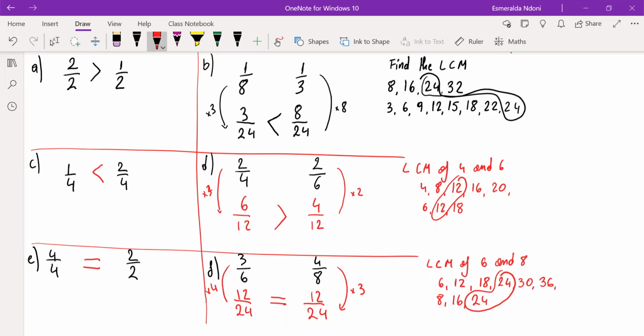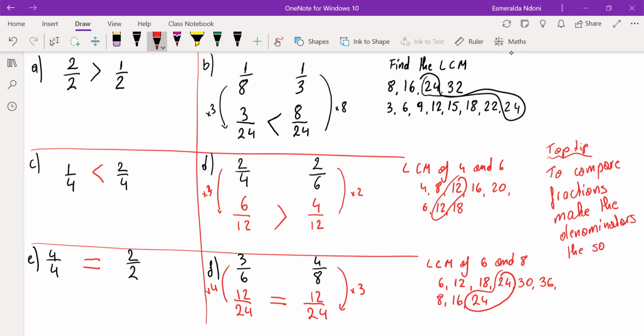We're going to write just one last top tip before we finish the lesson, and that would be to compare fractions, make the denominators the same, and compare the numerators.